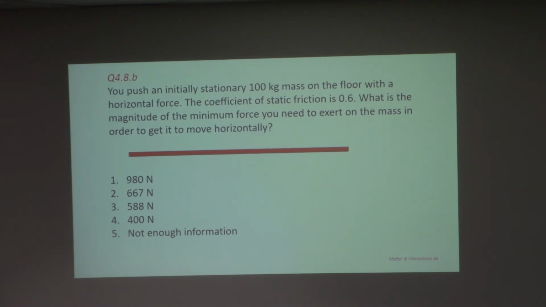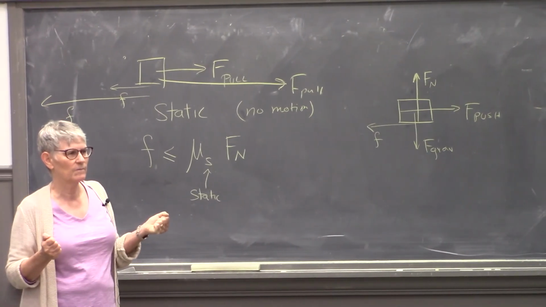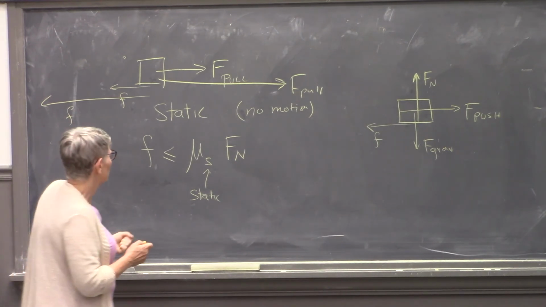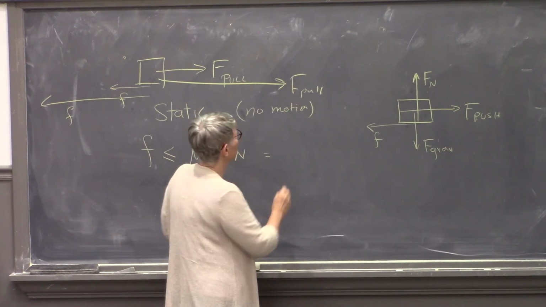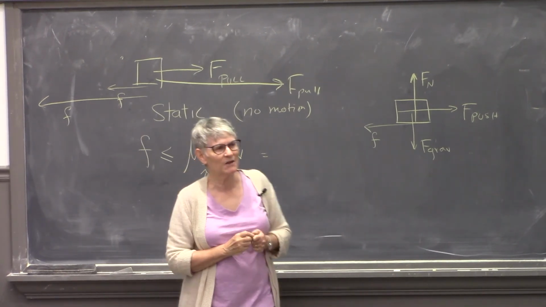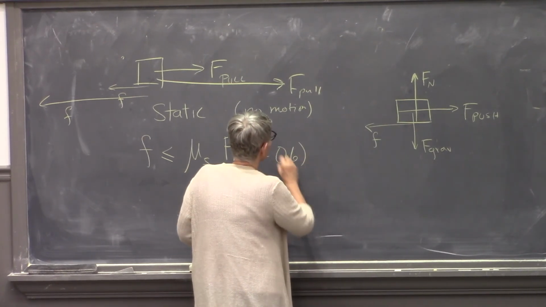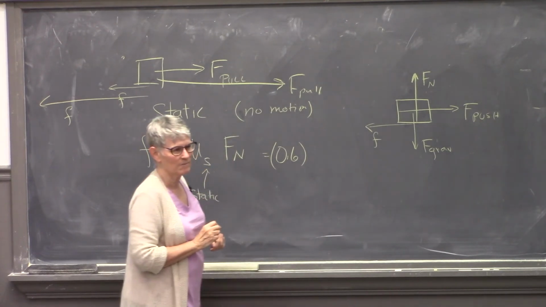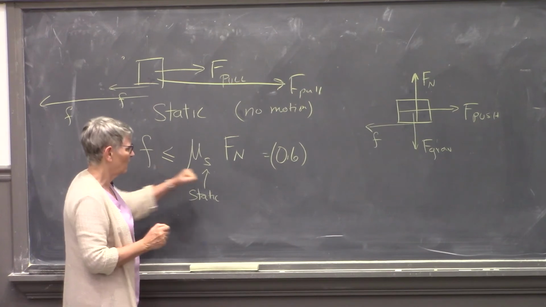So what's the biggest friction force that the floor can exert before the block starts to move? How do I calculate that? So how do I calculate it? 0.6 times, it's not division, is it?